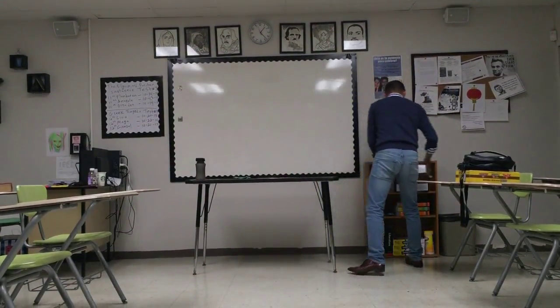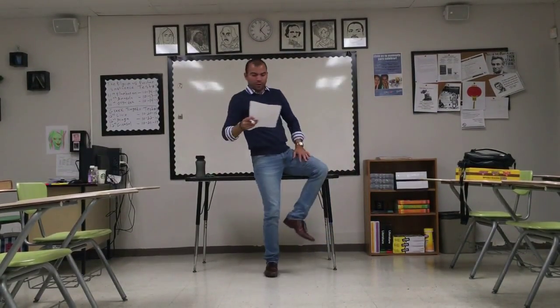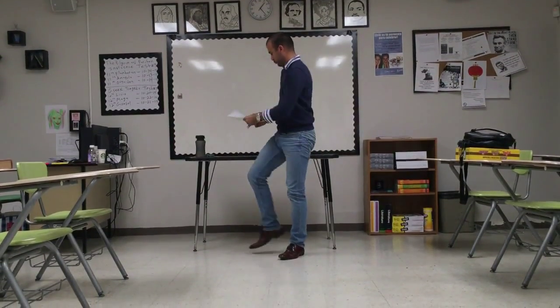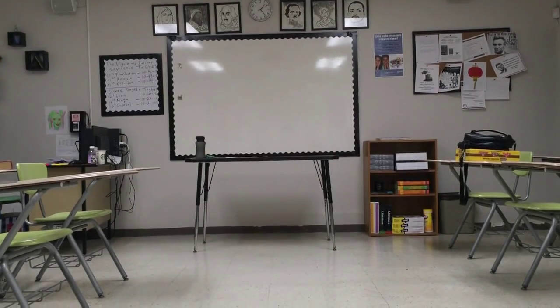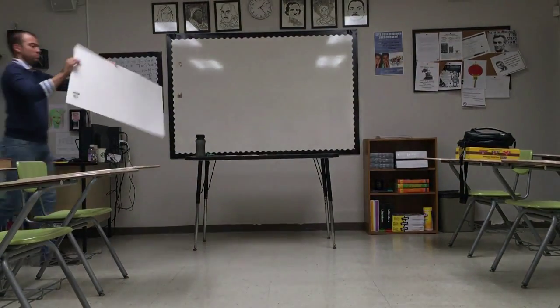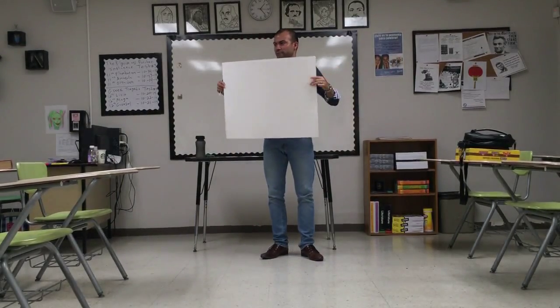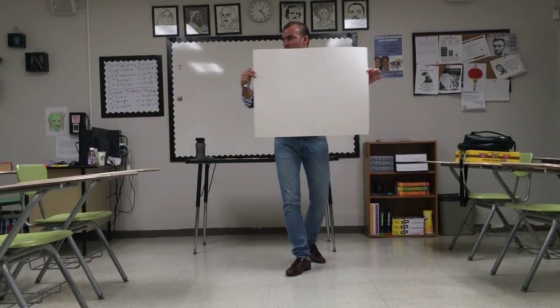So, in our mind map, the structure, what are we using? Right here, you're gonna do your mind map in one of these. Is it bigger? No, this one, exactly this size.